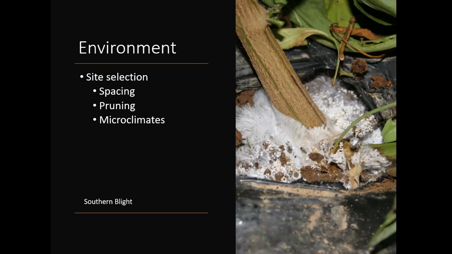This image is southern blight, and southern blight likes it hot, and it likes moisture. So in this black plastic condition, there's a lot more water, it's drying out more slowly, and of course it's hot under that plastic. So this black plastic created a microclimate for Athelia rolfsii, which is the name of the pathogen.